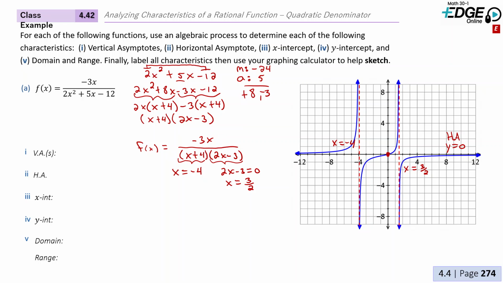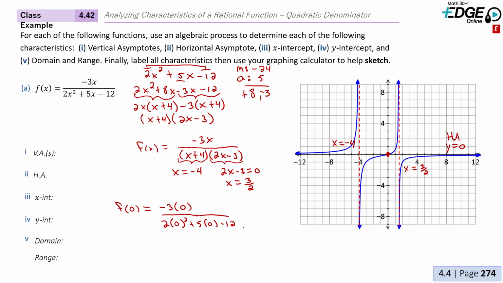For the y-intercept, we're going to throw 0 in for x and then see what we get out for y. And this one's going to be kind of funny, because we'll use our original. Doesn't really matter which one we use. So we'll write f of 0. I'll just throw 0 in right now. It is equal to negative 3 times 0 over 2 times 0 squared plus 5 times 0 minus 12.